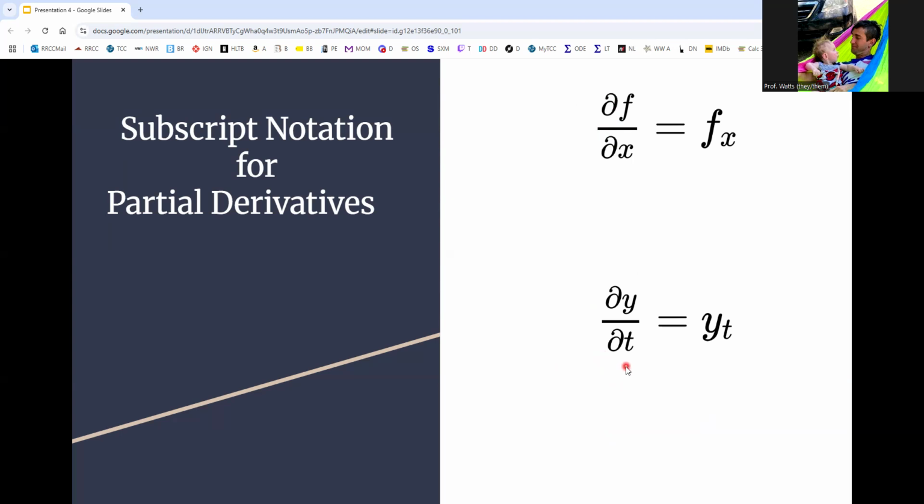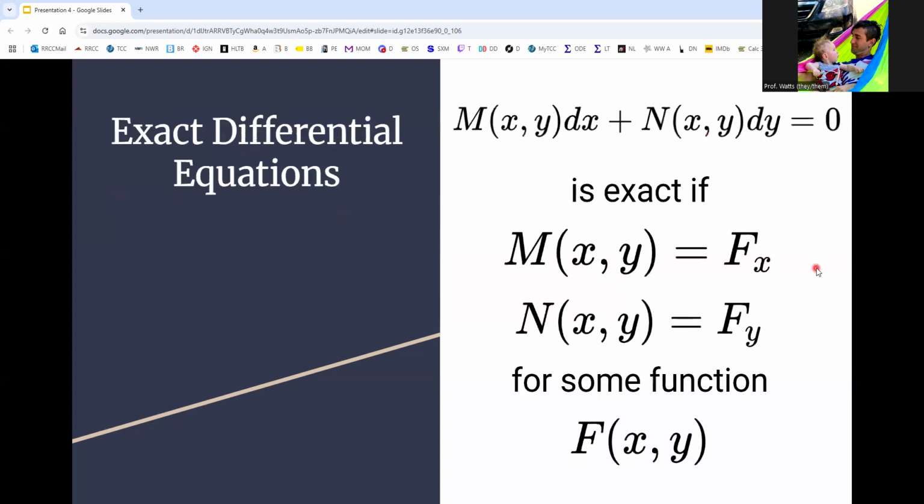So the equivalent of the prime notation is the subscript notation, where you just take whatever variable you're differentiating with respect to and make that the subscript on the dependent variable. So the partial derivative of f with respect to x is f with a subscript of x. So hopefully you've seen that subscript notation before. We make use of that as we set up our process here.